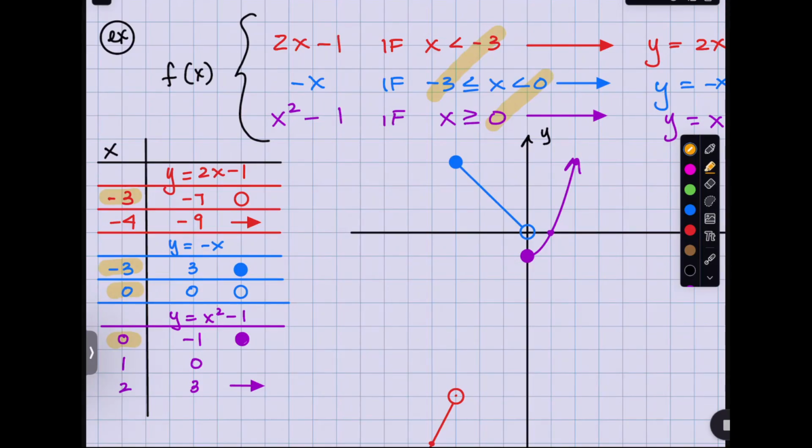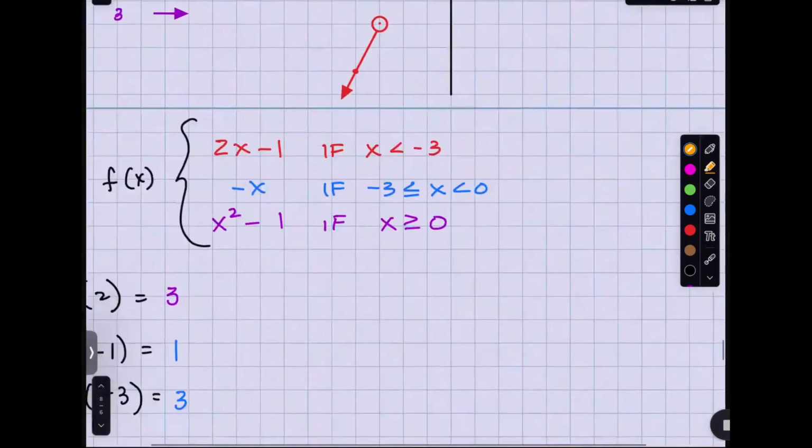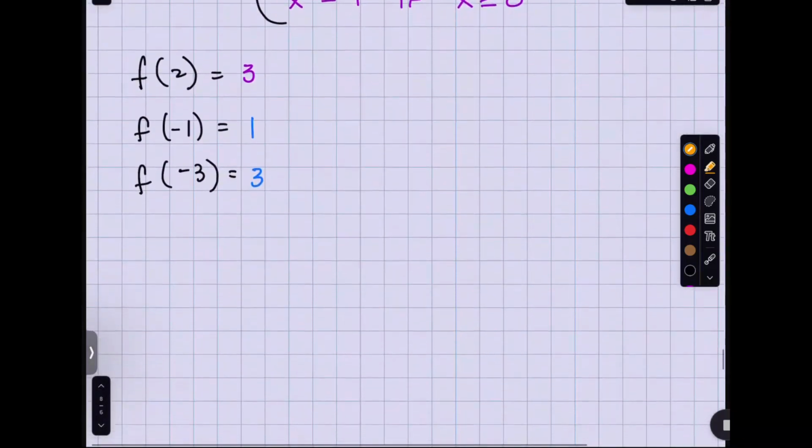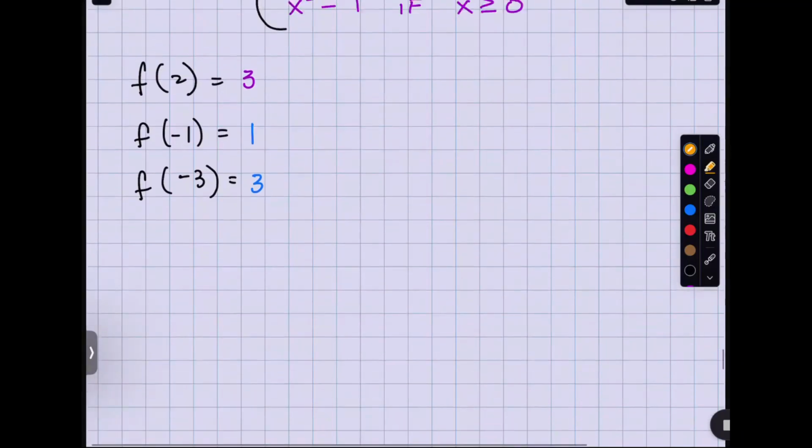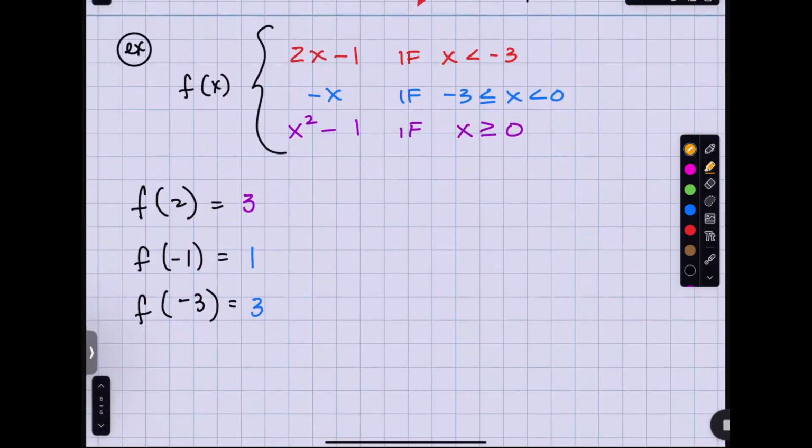So can we do f of 1? Yeah. Well, you can do f of 2 as well. That was the third one. Now, if I ask for f of -5, then that would be the first one.